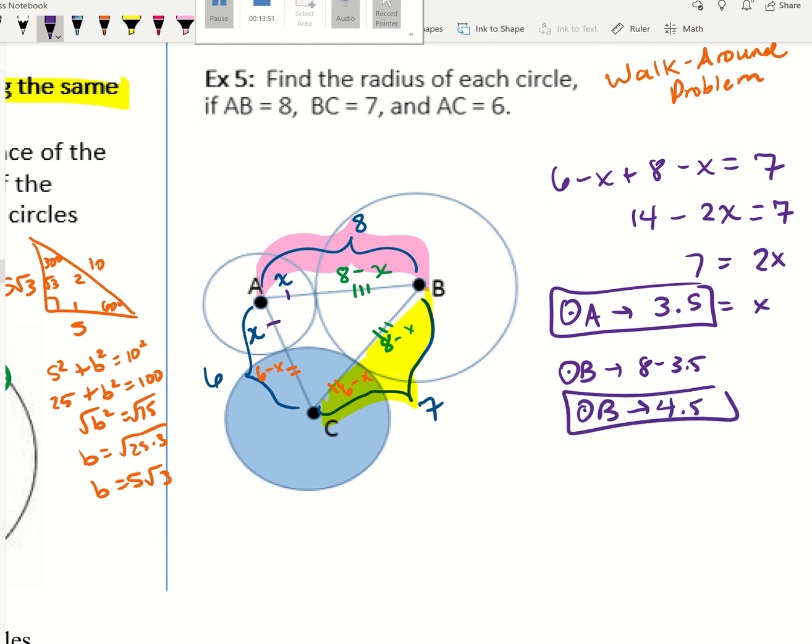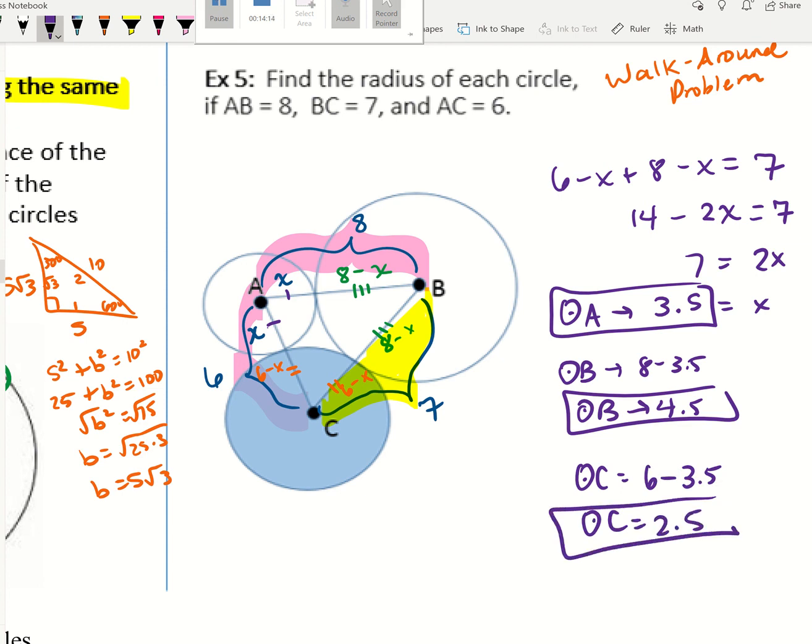And then if I want to find the radius of circle C, it combines with the radius of circle A for a total of 6 for length AC. So the radius of circle C could be found by 6 minus x, or 6 minus 3.5. So circle C is 2.5.